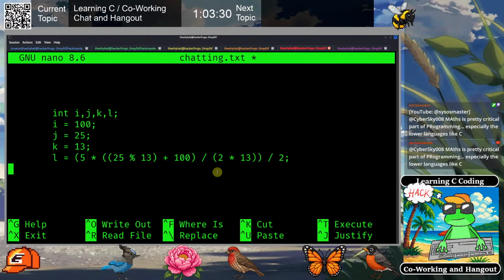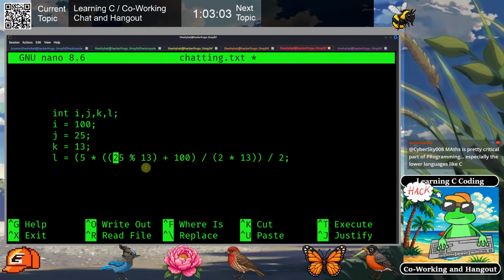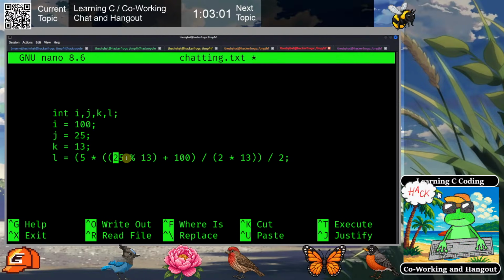Okay, so I guess what we need to do is everything inside of the parentheses first. If there's parentheses inside the parentheses, we need to do that first. So 25 modulo 13. 13 times 2 is 26. So 26 minus 25 gives a remainder of 1.